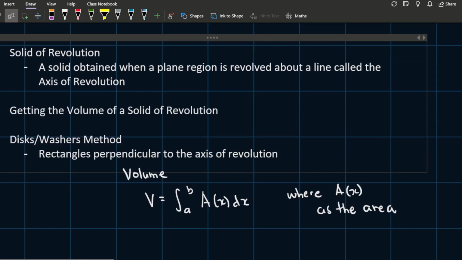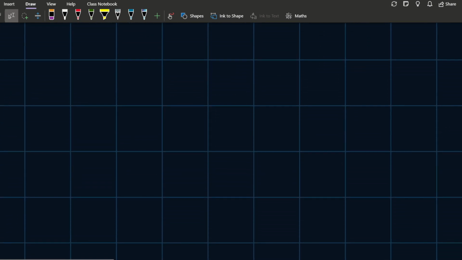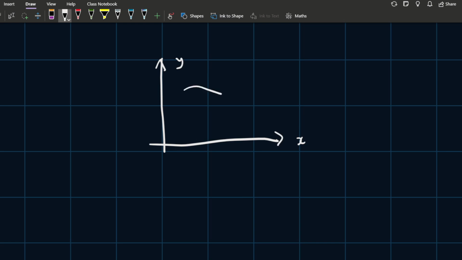So let's draw an arbitrary sketch. So for instance, this is the graph. Now yung A of x, now A of x will technically be this part here.